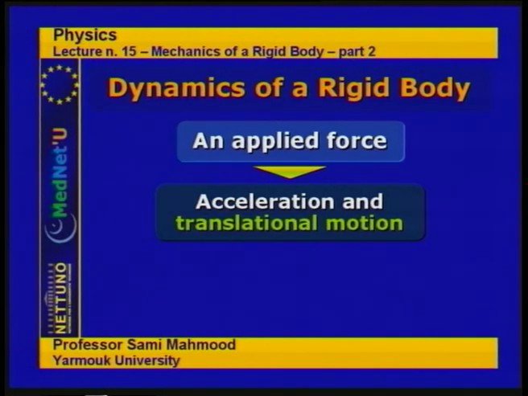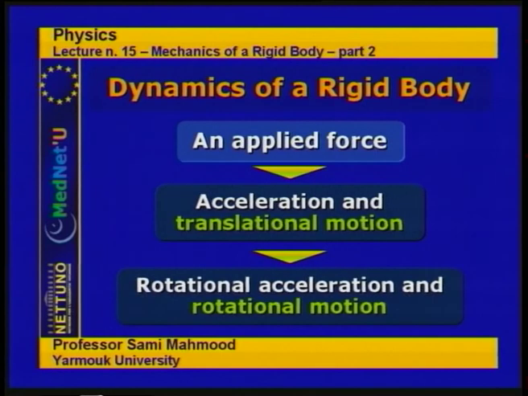It could move in a translational manner, as we have discussed previously. It could also move in a rotational manner, as we might notice if we push a ruler from one end with a force, then the center of mass of the ruler translates. At the same time, the ruler will be rotating as its center translates.